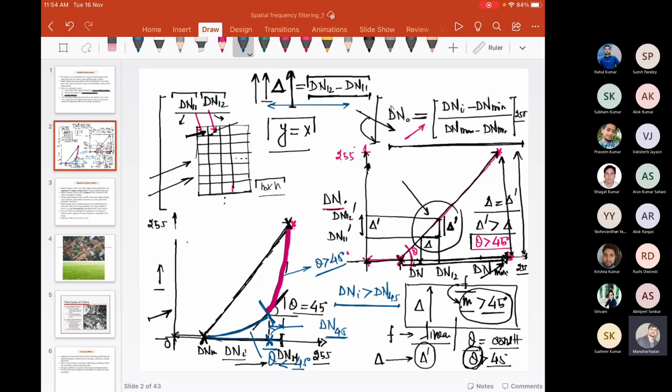For DN input less than DN45, this range we consider the darker side of the image. So by using the exponential function, the lighter part of the image will be enhanced. The reverse will occur when we use the logarithmic function. Just see.